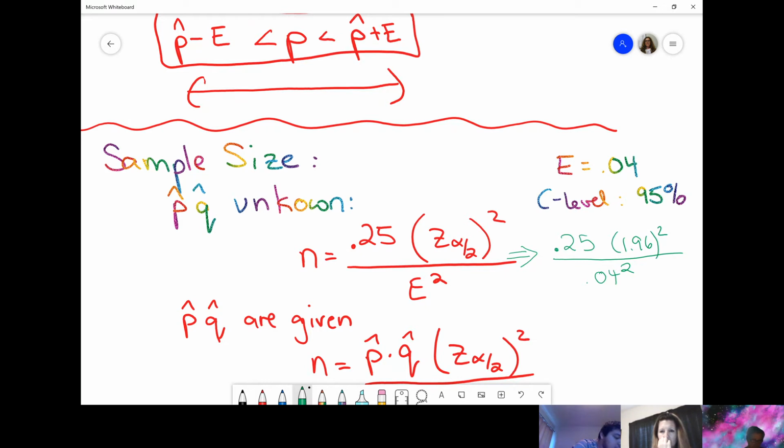Use your calculator and type it in exactly as you see it. 0.25, don't do anything fancy, times 1.96 squared. Divide that by 0.04 squared.